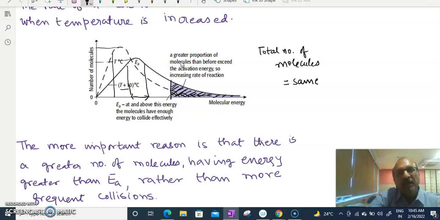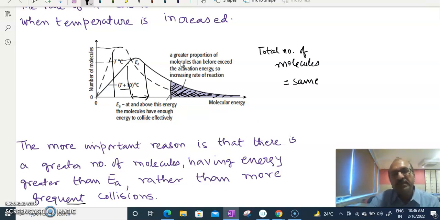And moreover, because of the higher temperature, the average energy has increased because the energy has been supplied in the form of heat by increasing the temperature. Now, one might say that the rate of the reaction increases when the temperature is increased because there are more frequent collisions. But is that the real reason? That is partly the reason.